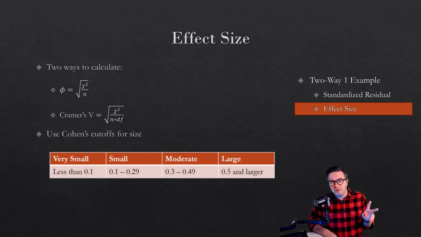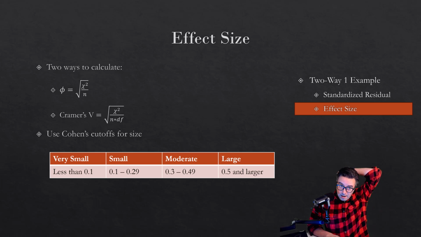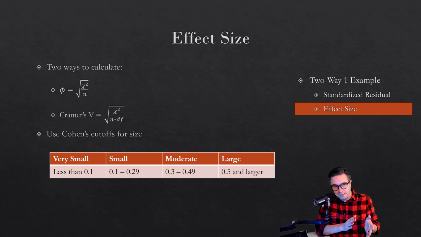The effect size, you kind of do it in two ways. If we just have a 2x2, they all work out to be very similar. We use the phi to calculate the effect size if it's a 2x2, and then we use Cramér's phi for everything else. The way we find it is the square root of the chi-squared divided by the sample size.